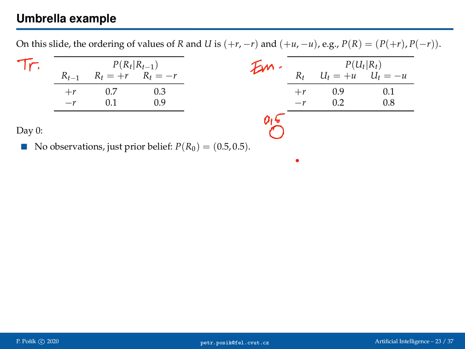That's our current belief, basically. We can't say much. We don't have any observation of whether the boss brought an umbrella or not. It's simply the time where we still don't have any observation yet.